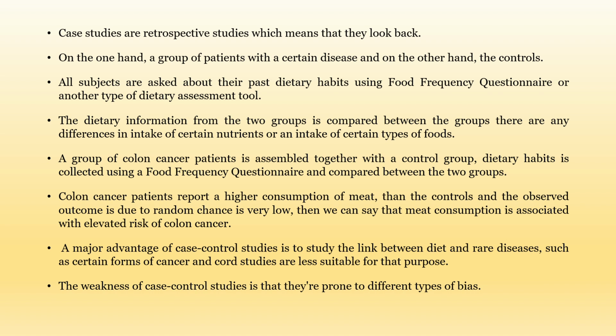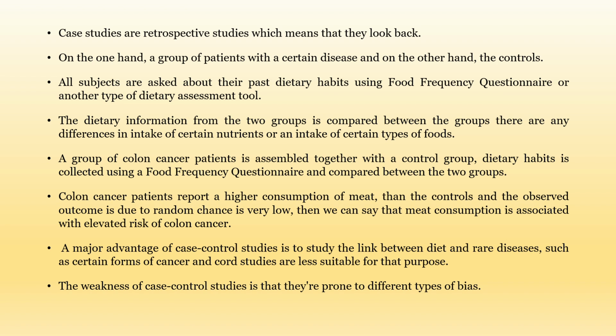A possible finding could be that colon cancer patients report a higher consumption of meat than the controls, and if the chance that the observed outcome is due to random chance is very small, then we can say that meat consumption is associated with elevated risk of colon cancer.